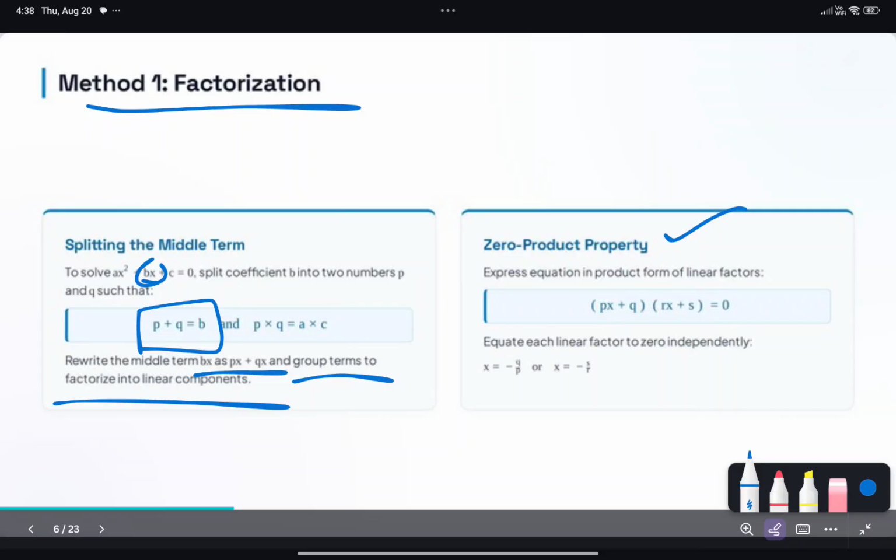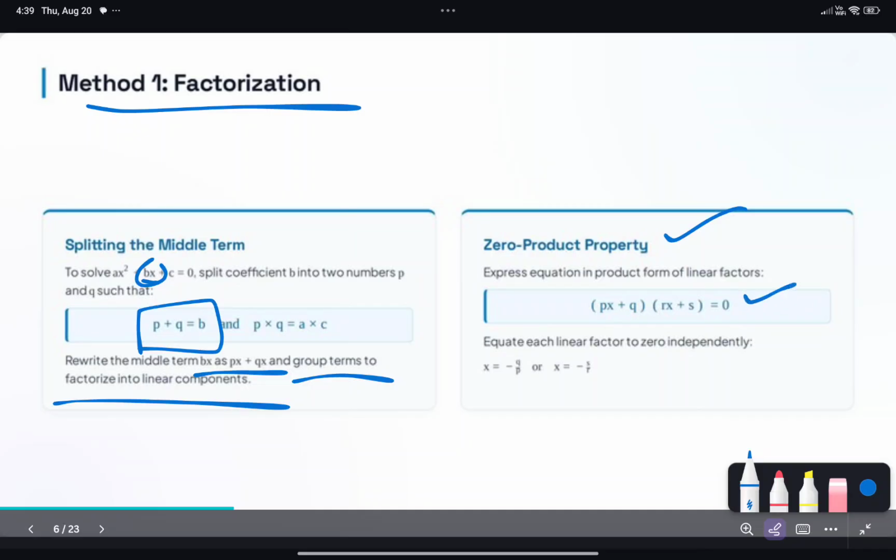Zero product property. What is meant by the zero product property? We have a quadratic equation. There is a possibility to write or express the equation as a product of linear factors.